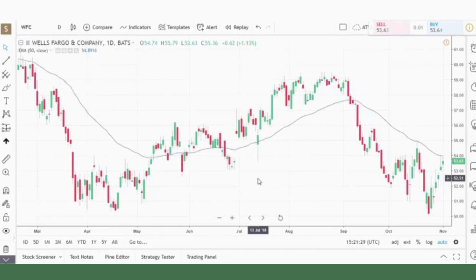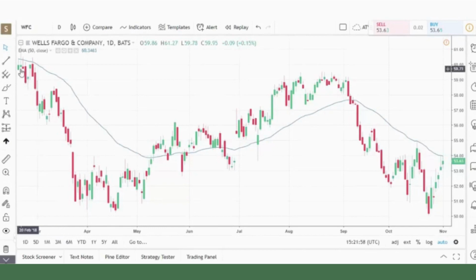So we hit OK, and this brings up the 50-day exponential moving average. With the exponential moving average, we want to be short or not long the stock when it's trading under the exponential moving average, and we want to be long the stock when it's trading above the EMA.